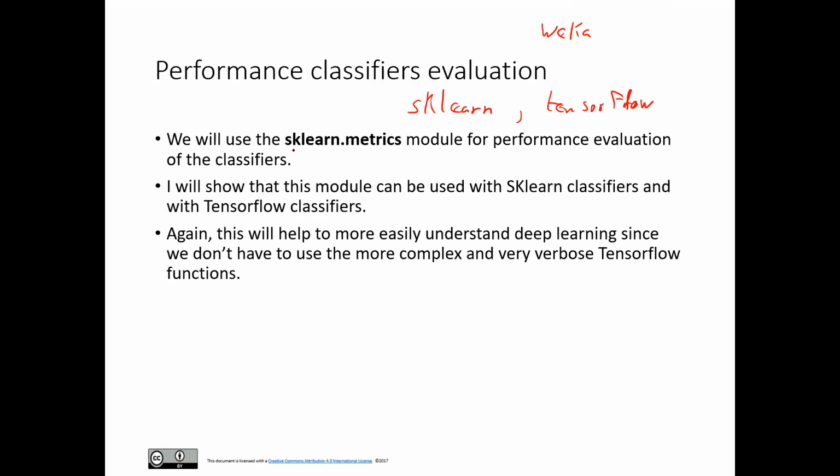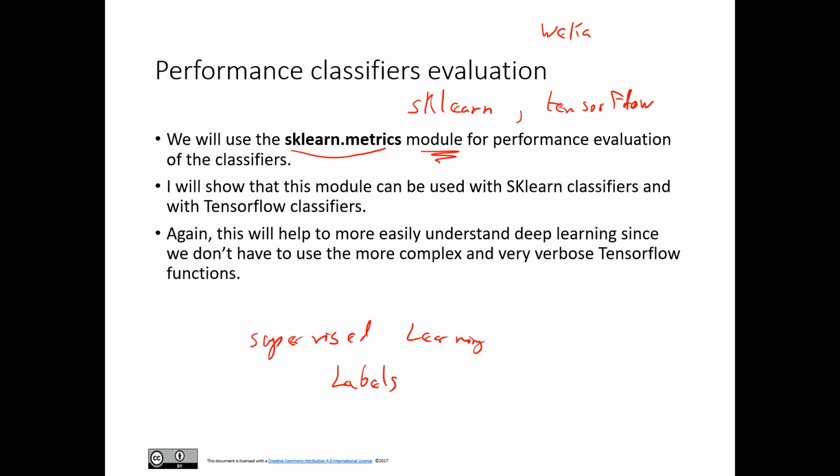We will use the sklearn metrics module for performance evaluation of our classifiers. Right now we're mainly focusing on supervised learning, which means we have labels. This module can be used with sklearn classifiers and with TensorFlow classifiers, so we'll see that later.